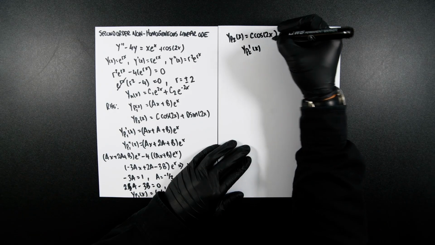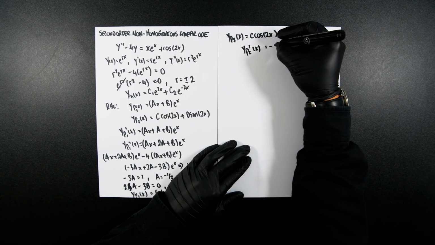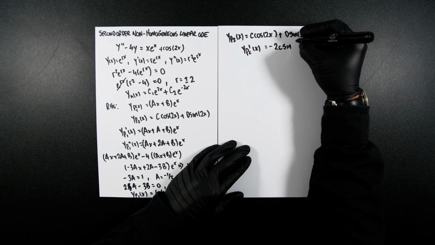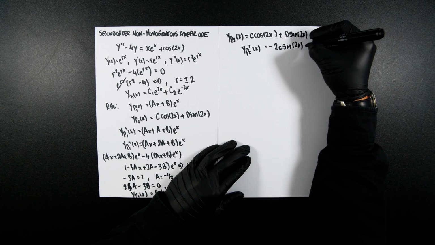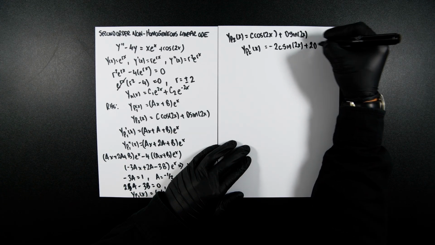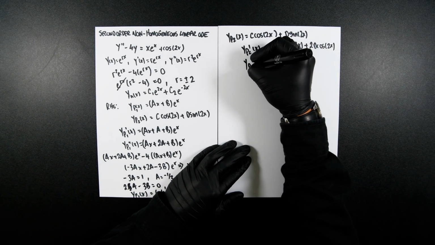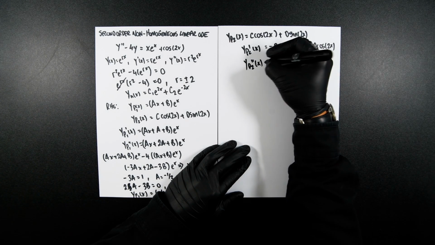We're going to differentiate this once. So this is going to be minus 2c sine 2x plus 2d cos 2x. And now let's differentiate that again.